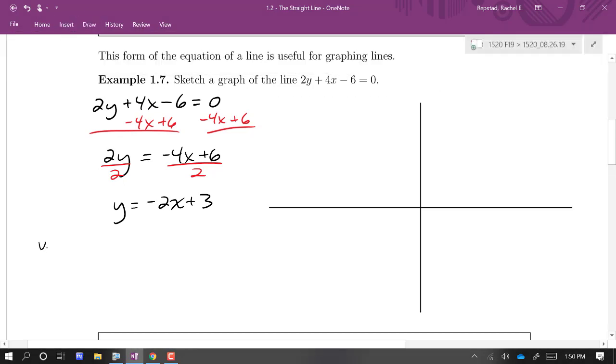So the y-intercept is the point (0, 3). So there's a point for free. How do I get another one?